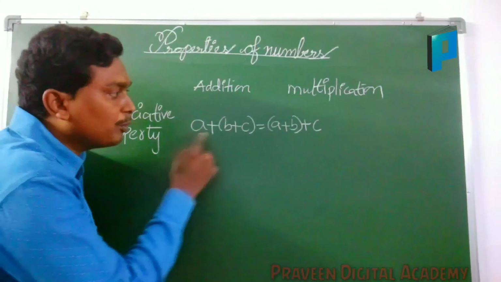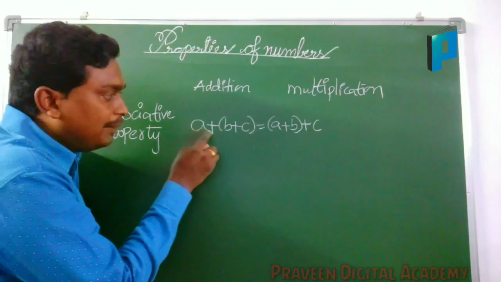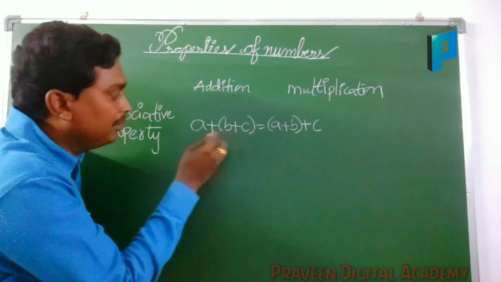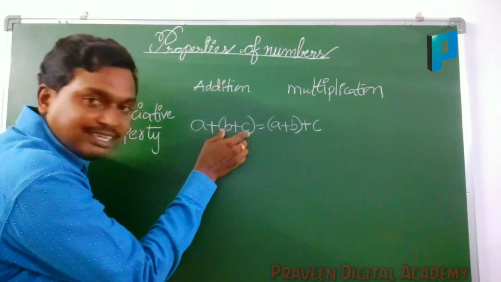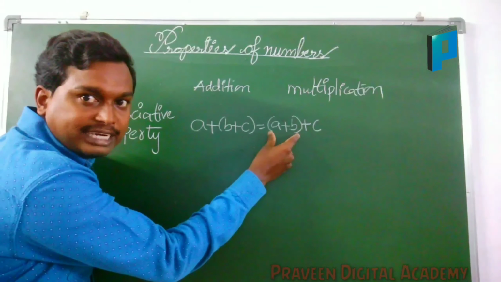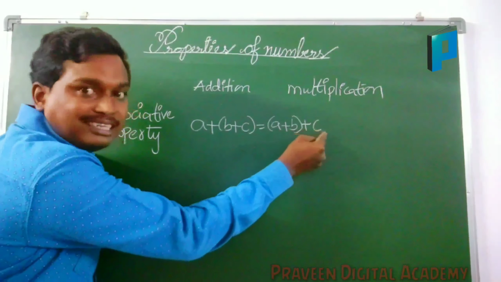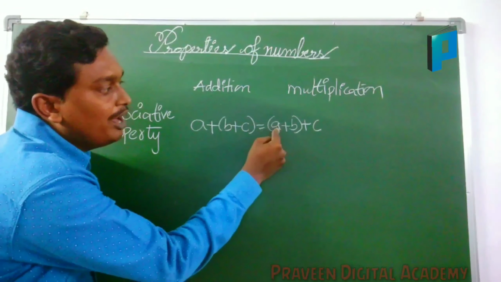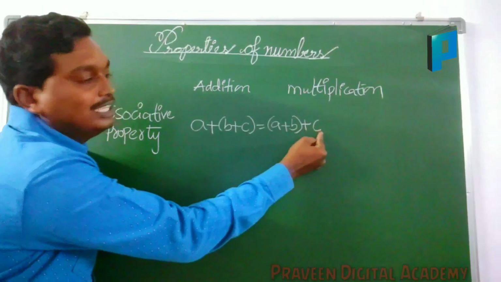Here, how you have to pronounce this: a plus, whatever you have in brackets, you have to pronounce at a time. a plus (b plus c) is equal to, here you have brackets, pronounce at a time, (a plus b) plus c.